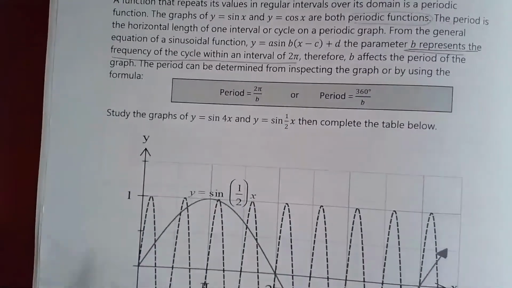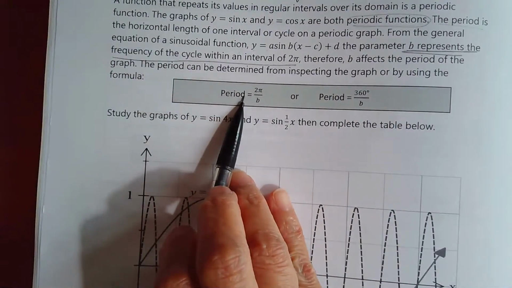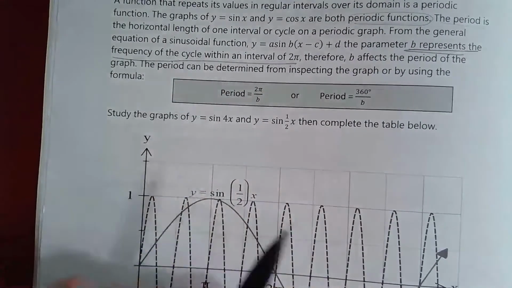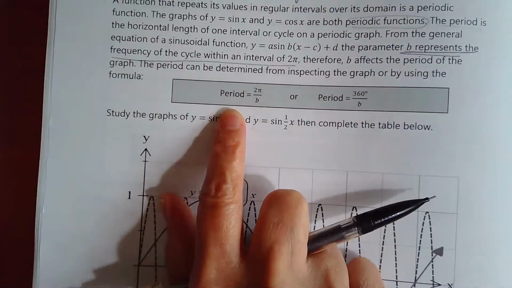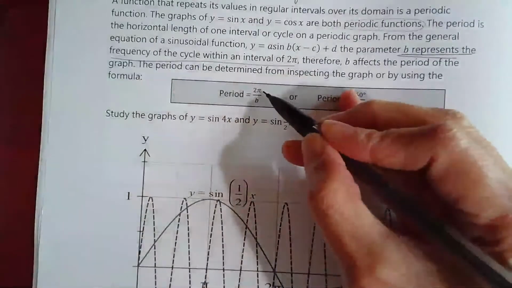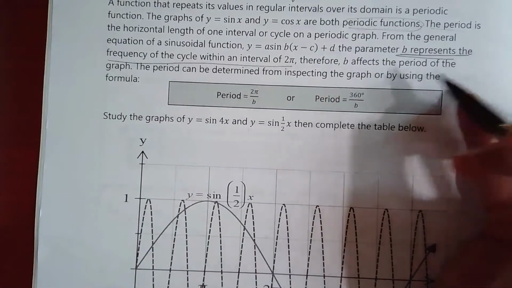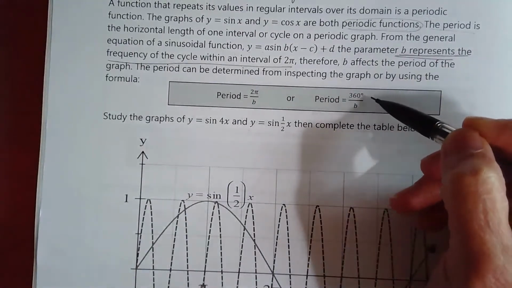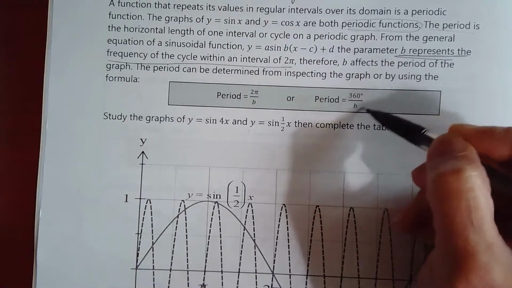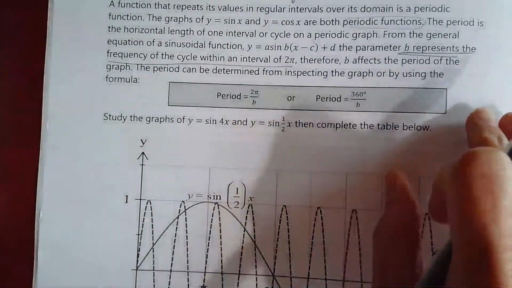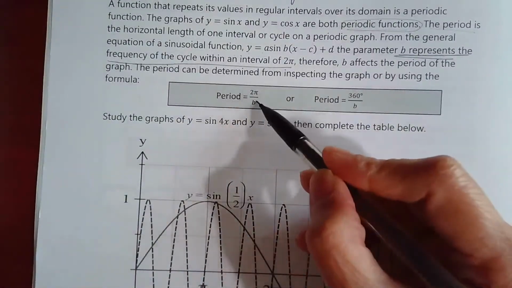Now, how can we figure that out? So the period of the graph, how long it will take to make one complete cycle, is equal to 2 pi over b. Okay, but we are using pi radians here. There will also be times when we're going to be finding the b.